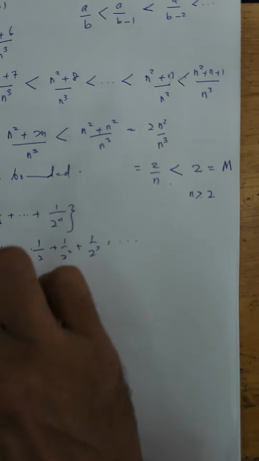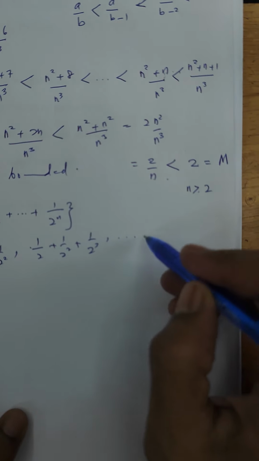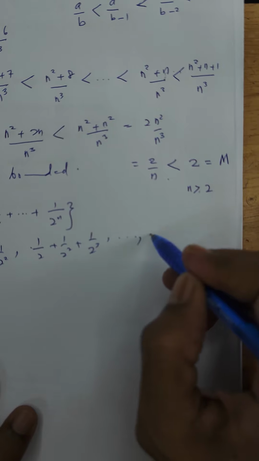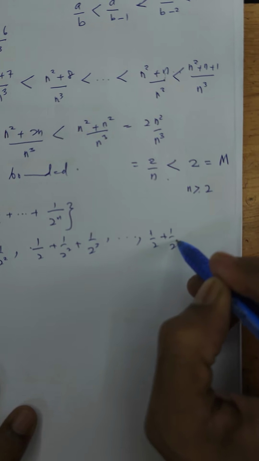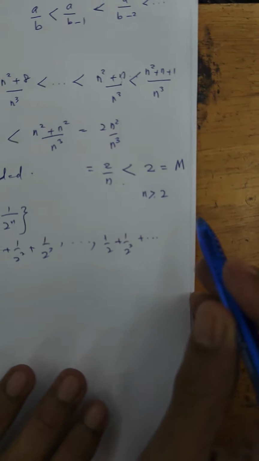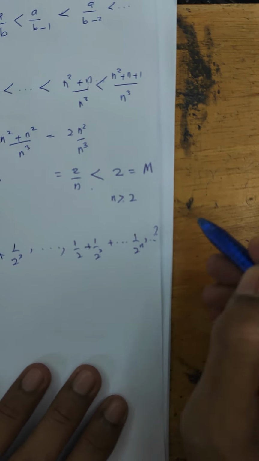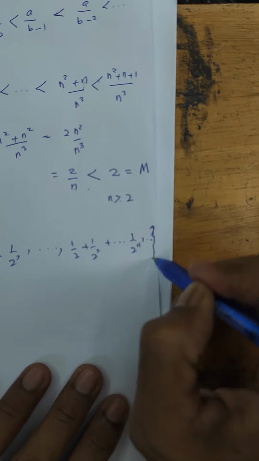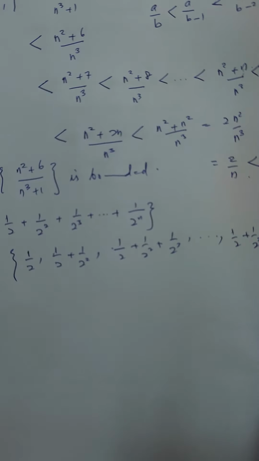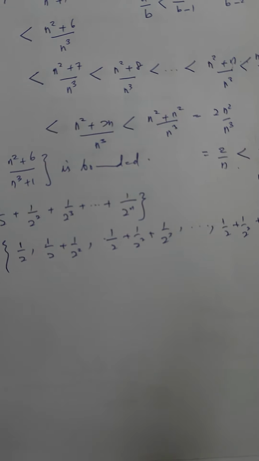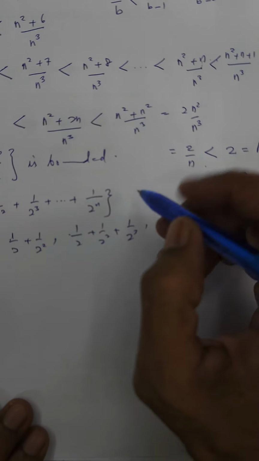The last term, the nth term, you have 1 over 2 plus 1 over 2 squared plus ... plus 1 over 2 to the n, and so on. So that's your sequence. Now, again, the question is, is this sequence bounded?